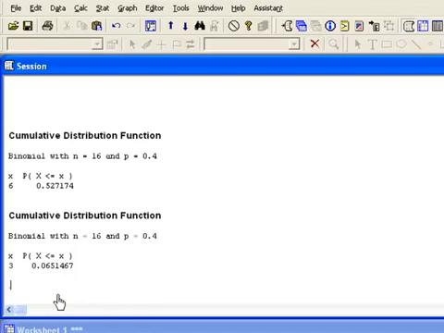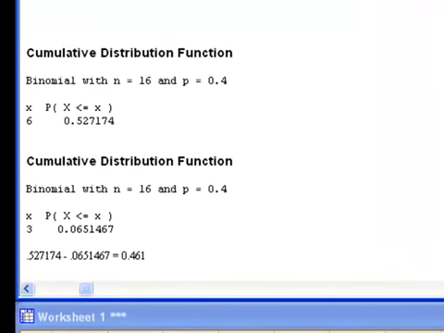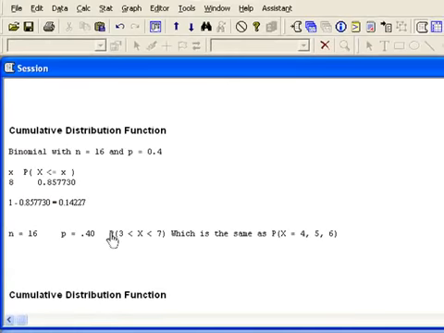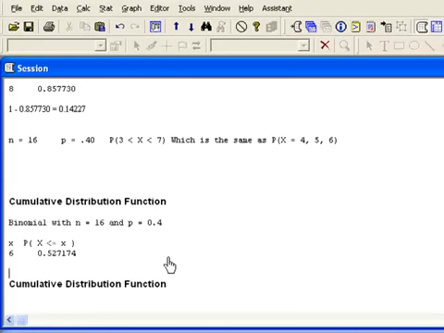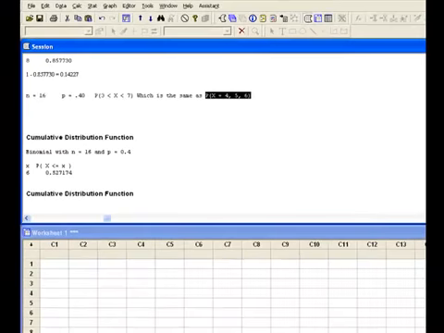So I'm going to take 0.527174 and subtract out the probability of less than or equal to 3, and I'm going to come up with a probability of approximately 0.461 rounded. So when you are given one that requires that you solve less than or equal to, simply solve for your numbers in between. All right, let's go from there.